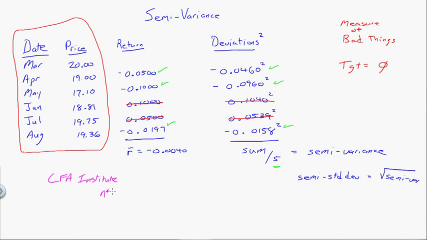I believe it's n star and not n star minus 1. But the point of this is, when we're looking at semi-variance, you need to see exactly how people are defining that term. And for us, we're going to define it the way we have it worked out here.